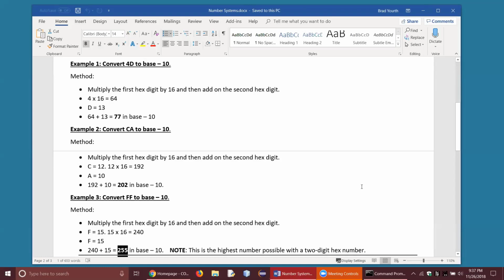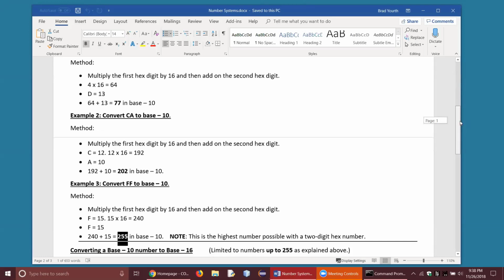Anybody that's already got into computer networking will understand that one, because that's a common address used in networking for broadcasting purposes. FF is the biggest number that you can get with an 8-bit byte, and it's 255 in base 10. Any question about that?